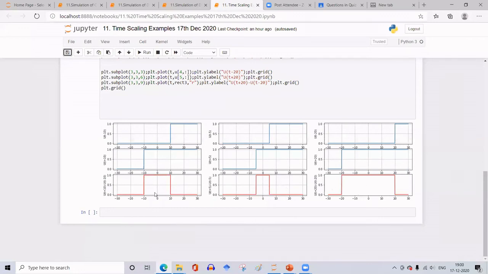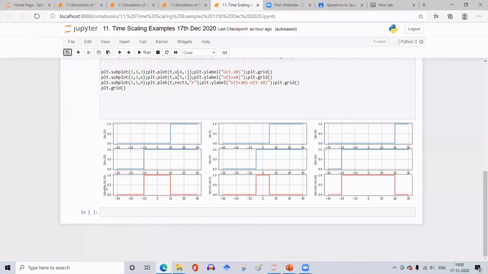Okay. Here in this example, first I'm constructing this rectangular signal by means of two signals. One is u of t minus 10. Another one is u of t plus 10. So if I subtract u of t minus 10 from u of t plus 10, I get this rectangle. Okay.